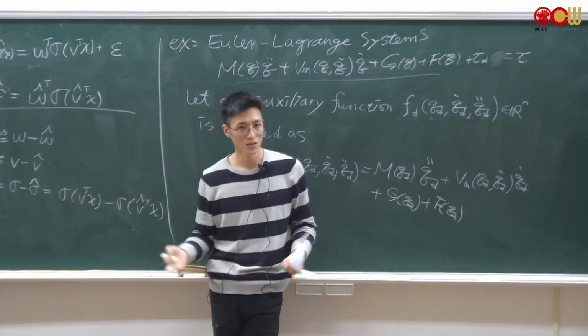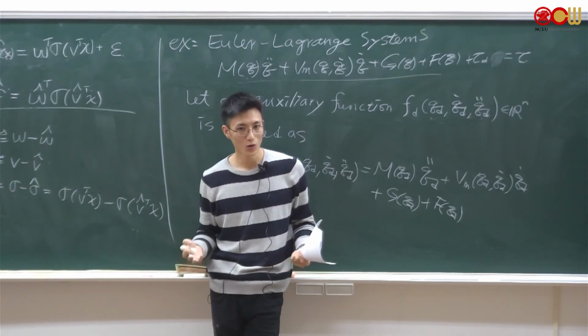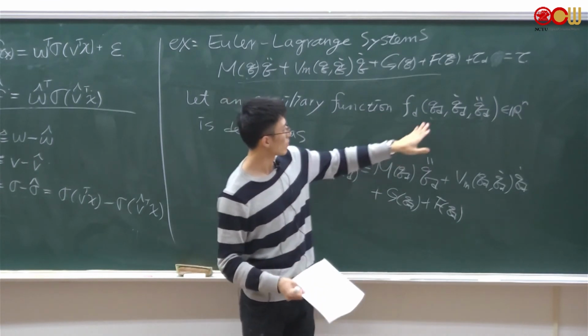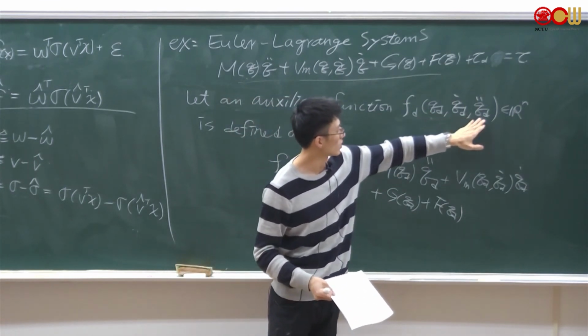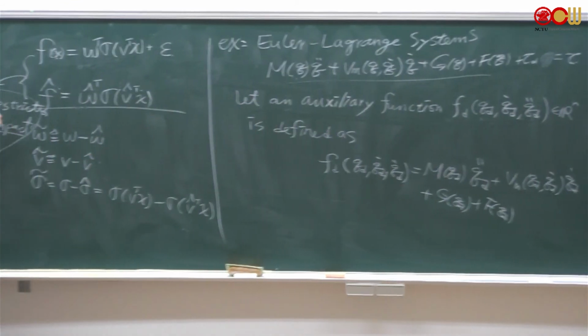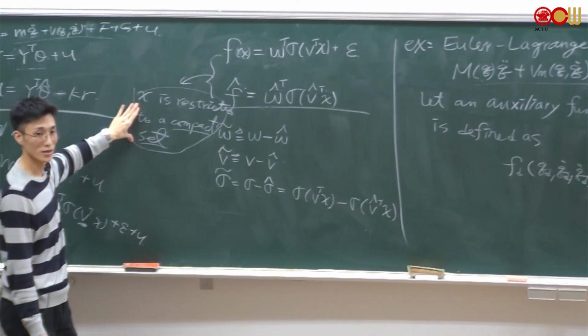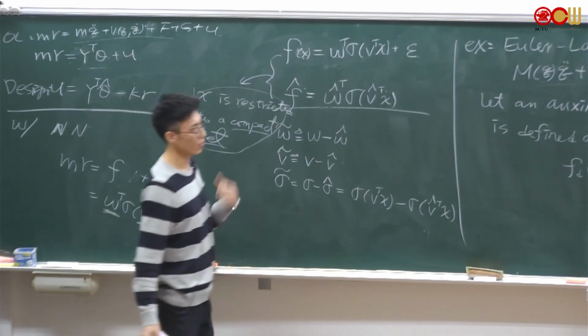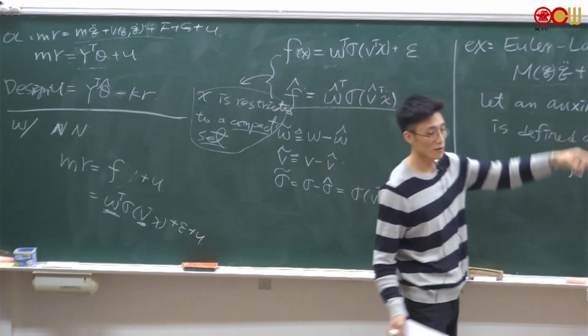The desired trajectory is a user-defined function, and you don't want to design a function that is unbounded. So we already know that qd dot and qd double dot are bounded, and therefore that will meet this constraint. Then we can use a neural network to approximate this FD function.